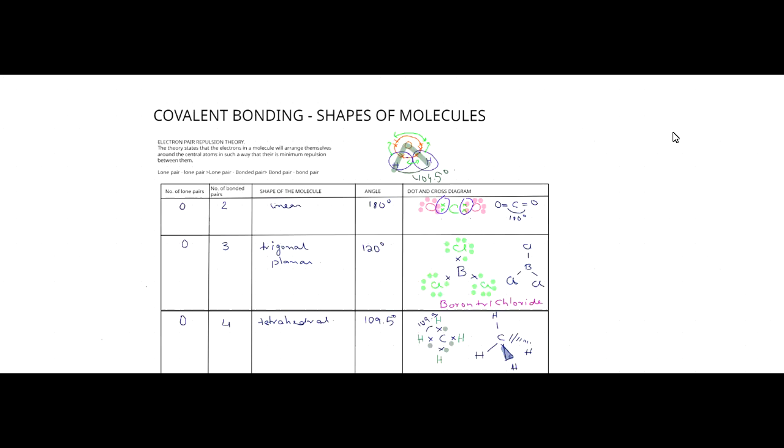Chlorine becomes partial negative, hydrogen becomes partial positive. This is known as a dipole. In a molecule, when one atom becomes partial positive and one atom becomes partial negative, we say that the bond has a dipole.